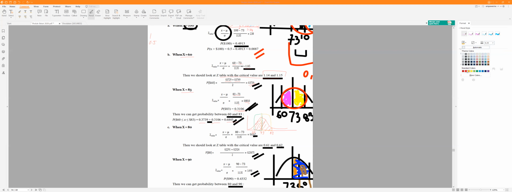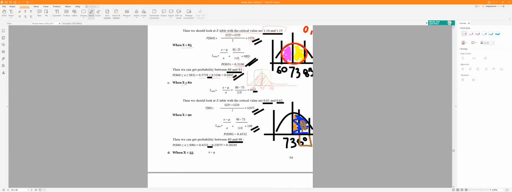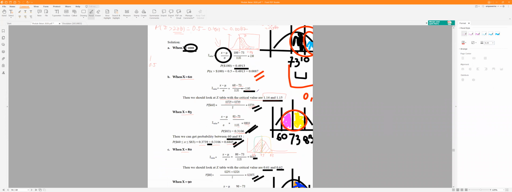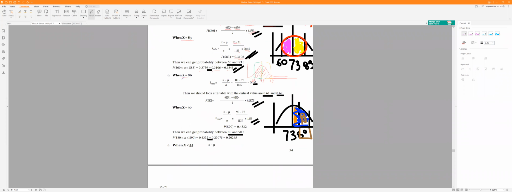which is 0.6845. Okay, so when X equals 80, for C, it is between 90 and 80, right? So between 90 and 80, you have to find the probability for 80 first and for 90 first. Okay, so the Z value for 80 is 0.6167. Well, no, the Z value, right?